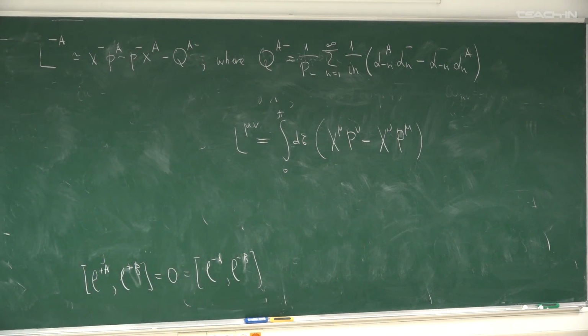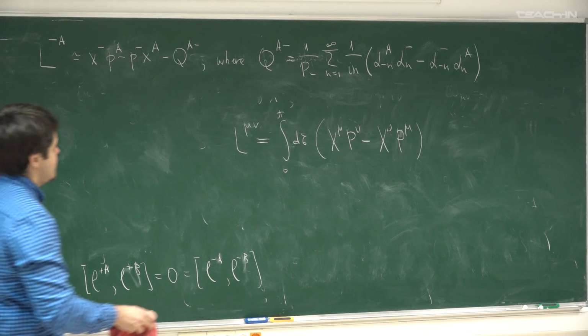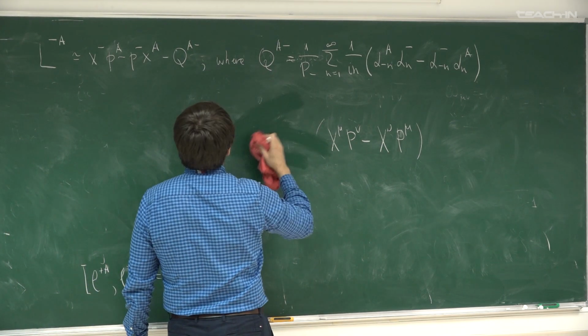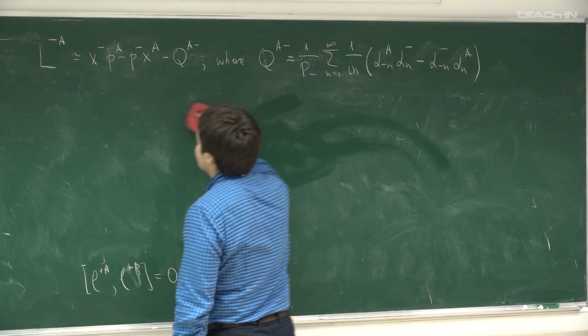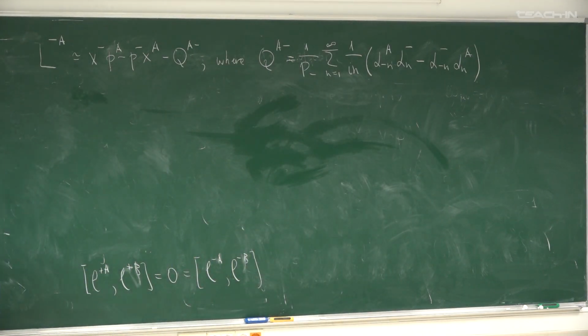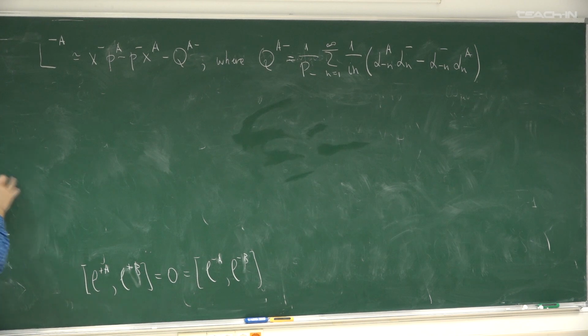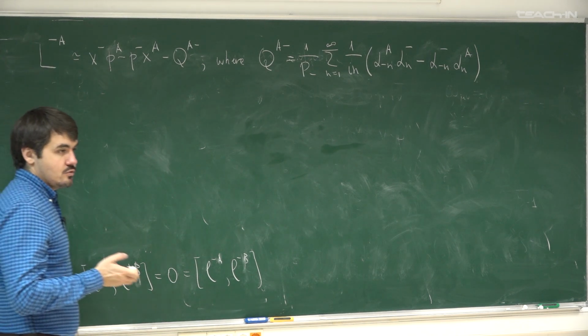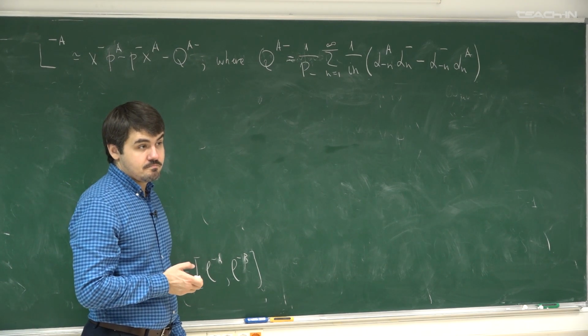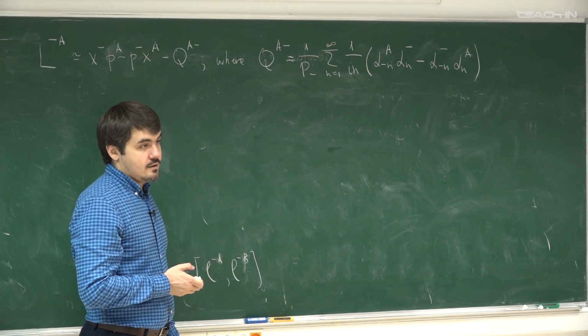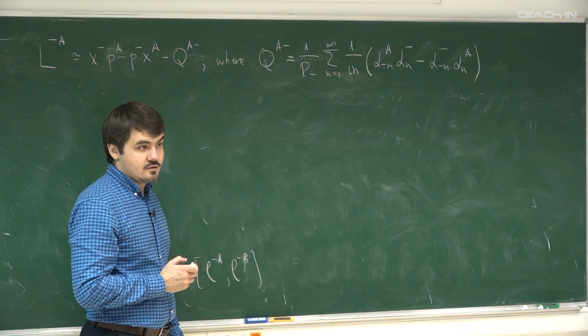Before I explain what alpha n minus is, let's mention what the approximate equal sign here means. The point is that these guys also suffer from ordering ambiguity, right? For example, these x's and p's do not commute, and same here. What we want is a Hermitian operator, so we can order them symmetrically, and this will give us a Hermitian operator.